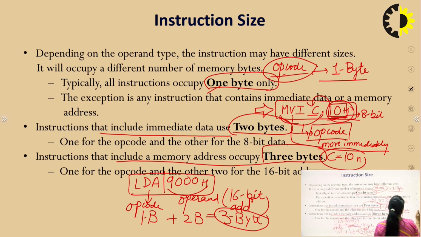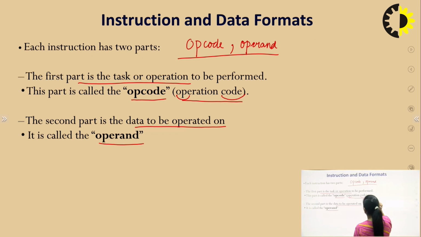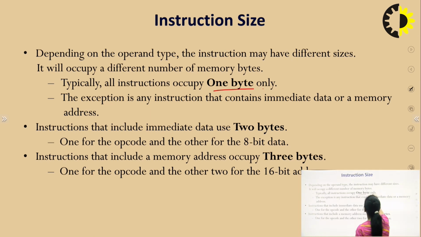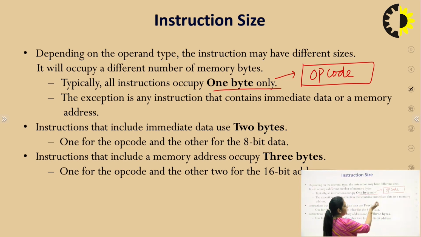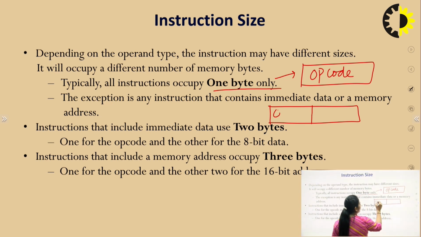If we review this, 1 byte will have only the opcode. 2 bytes will be opcode and operand, where the operand is 8-bit.